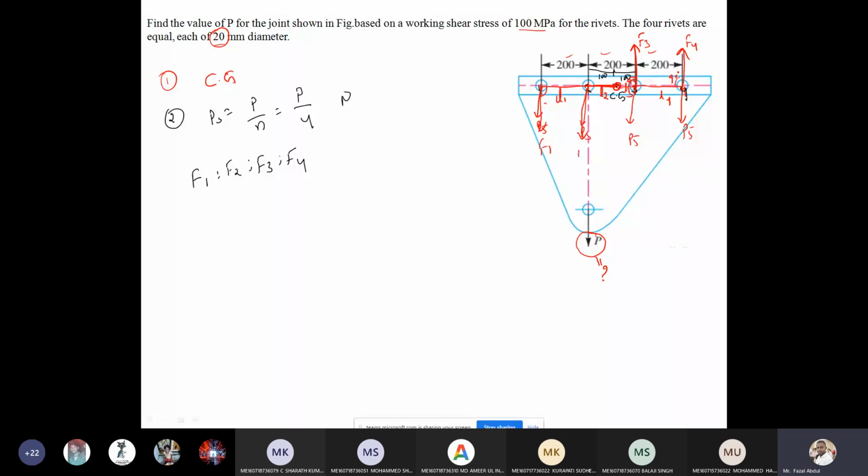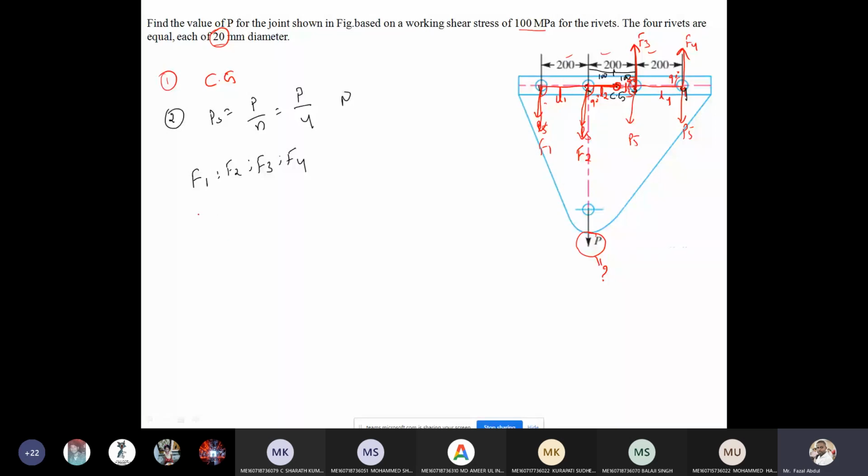F2 is perpendicular to the line joining the center. But see the difference, why I have drawn F4, F3 above and F1, F2 below: because the applied load is in an anti-clockwise direction. So now how much are F1, F2, F3, F4, we don't know.